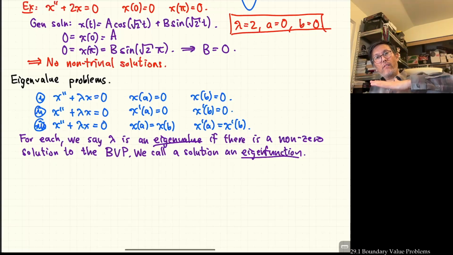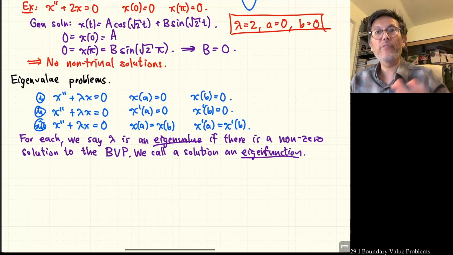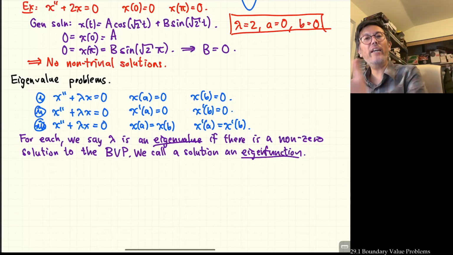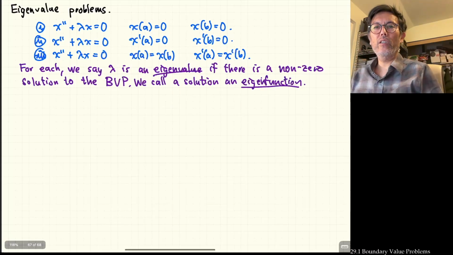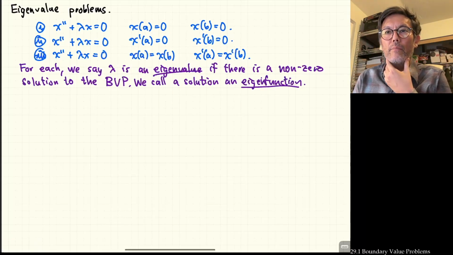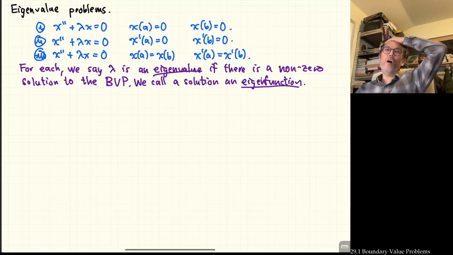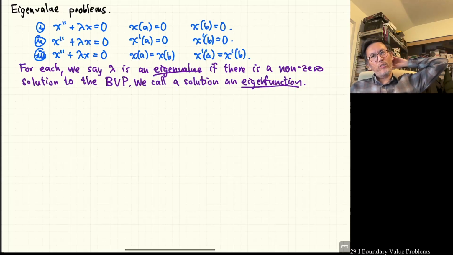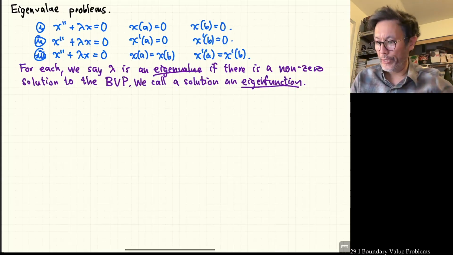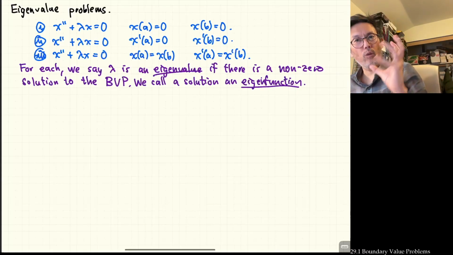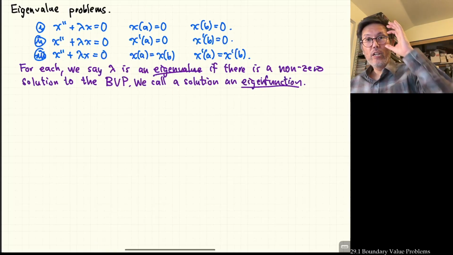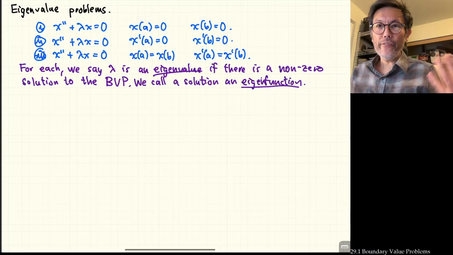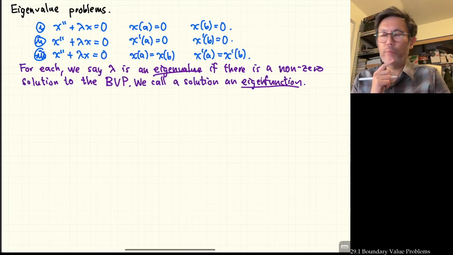Different eigenvalue problems have different eigenvalues, and they're going to have different eigenfunctions, not unlike looking for eigenvalues of matrices. Now, why do we borrow these words from linear algebra? Because it's much more typical to learn about eigen stuff in a linear algebra context.